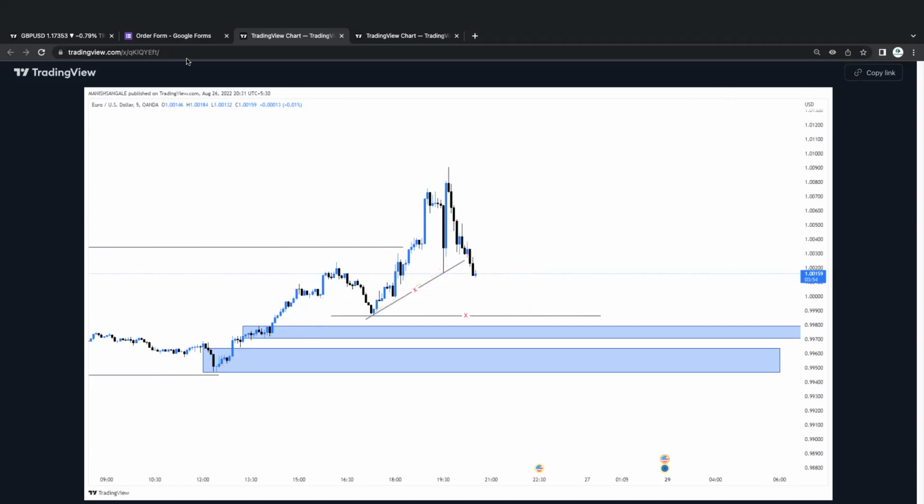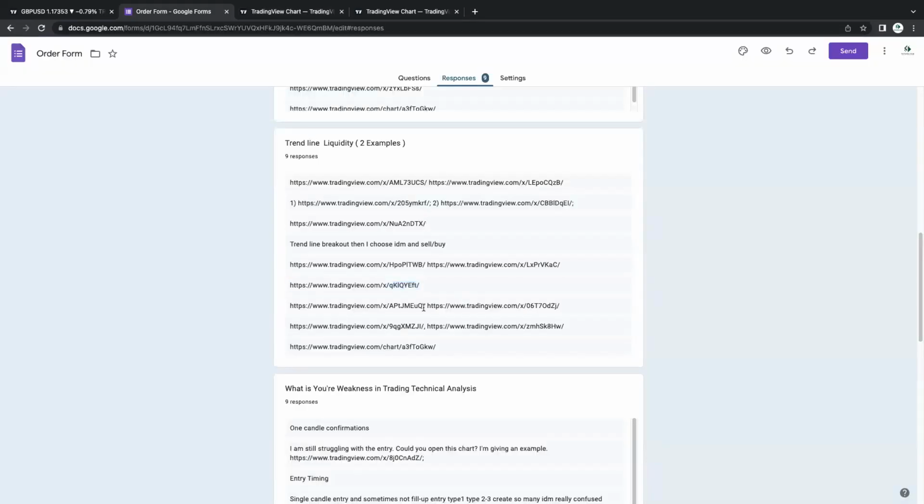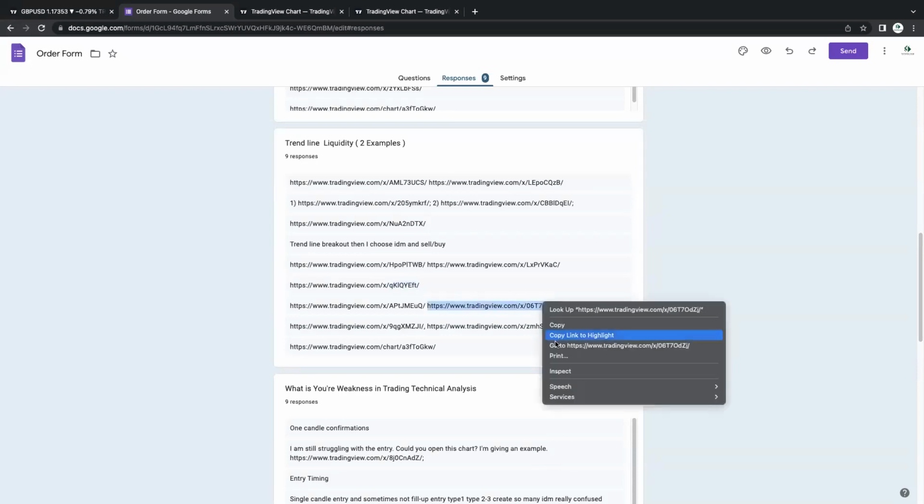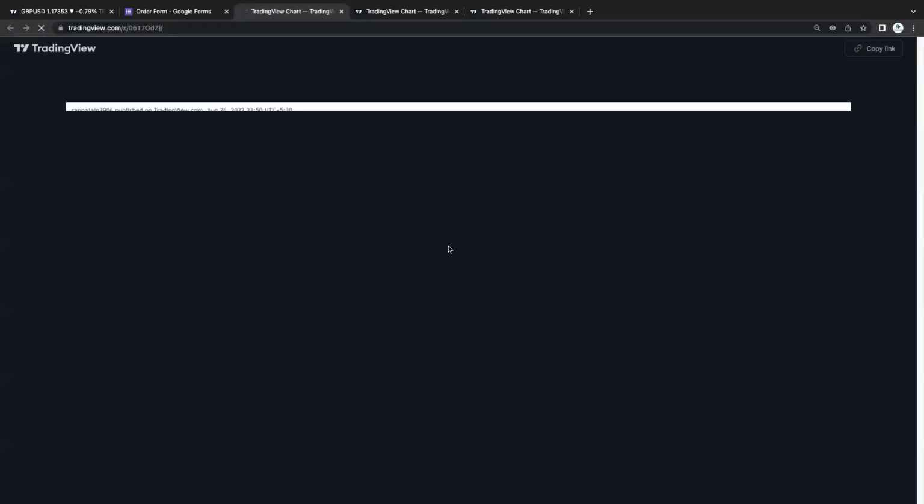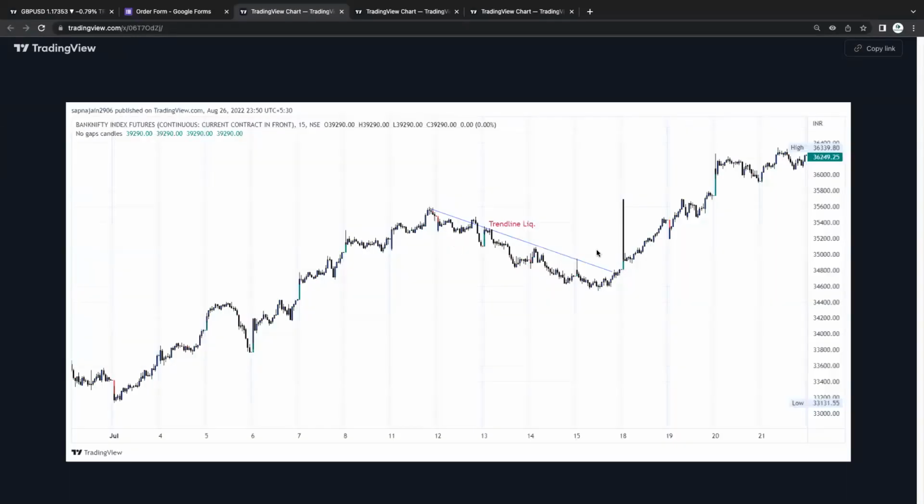Perfect. And now let's see. This is not a trend line liquidity, which you marked here. This is a completely valid retailer's trend line, which is actually working.